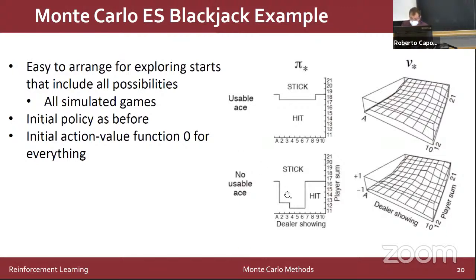If there is no usable ace, then the policy will be more complex, so it will be hitting for any card below 17 if the dealer has a card below 7, otherwise it will behave in another way. So I hope this is clear how you can read this. And this is the optimal value function, which is the value of this policy, but also the true or the optimal value that you can get from this Markov decision process.